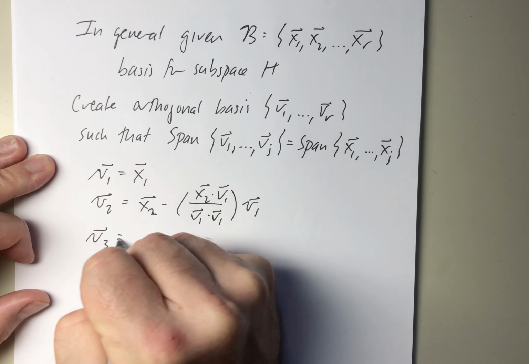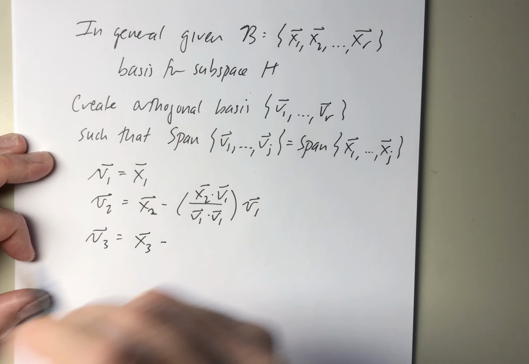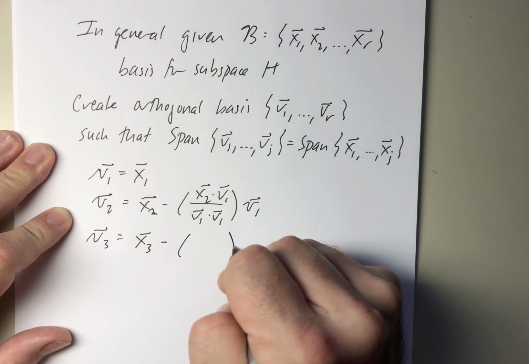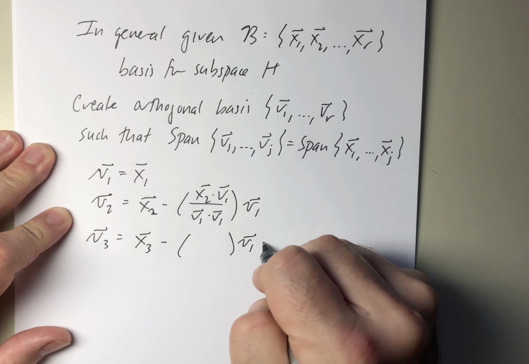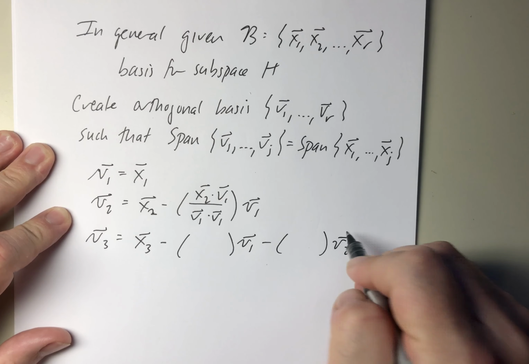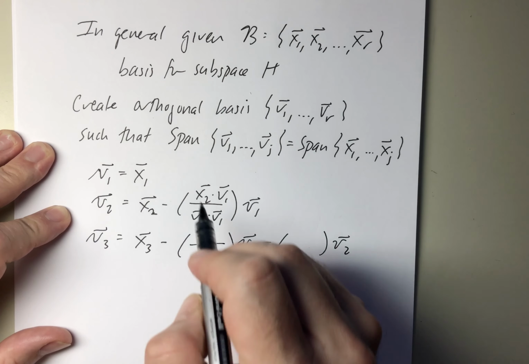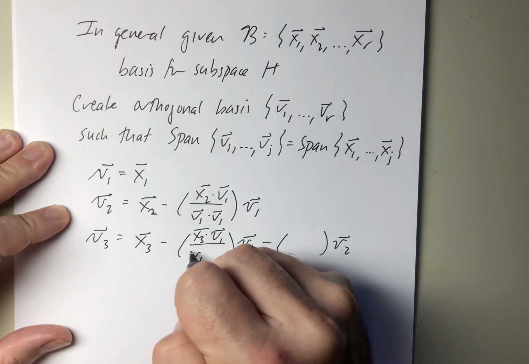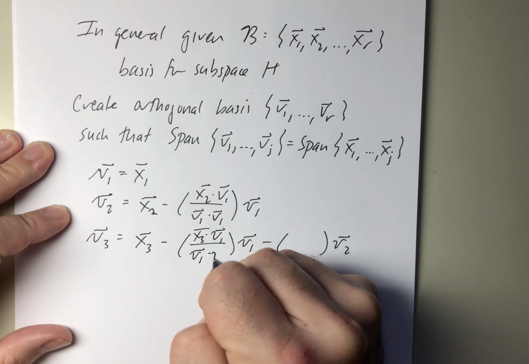And then v3 would be, well, it's going to be x3 minus the projection of x3 on what I have so far. So that's the same sort of thing with my v1s and v2s now. So this would be x3 dot v1 divided by v1 dot v1. This is x3 dot v2 divided by v2 dot v2.